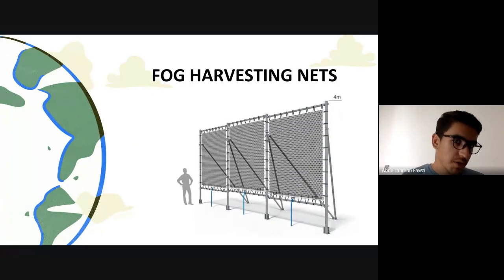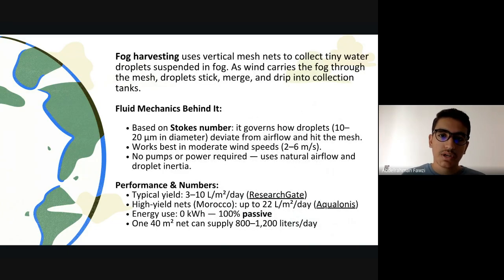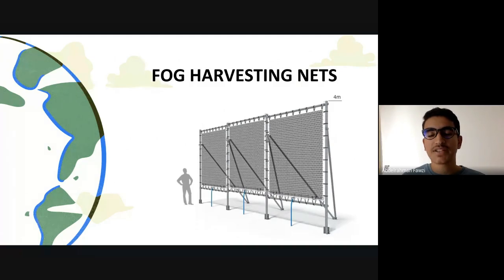The second smart design is the fog harvesting nets. From the name, you can imagine that these nets work like fishing nets, but with fog.